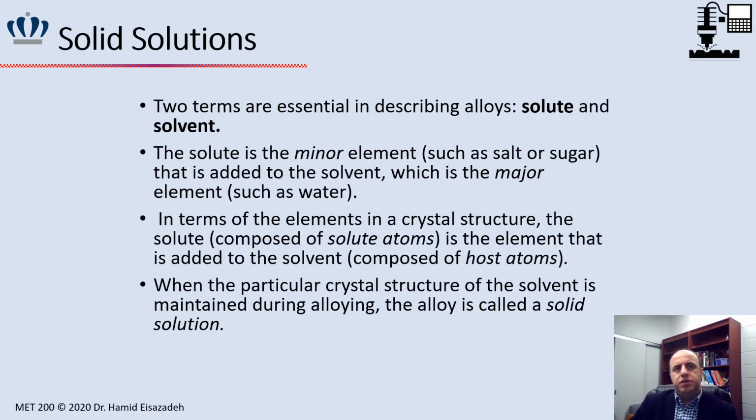So here are some of the important terms in the solid solution. In the solid solution, similar to the liquid solution, we have solute and solvent. The solute is the minor element, such as salt or sugar, that is going to be added to the solvent, and the solvent is the major element, such as water.